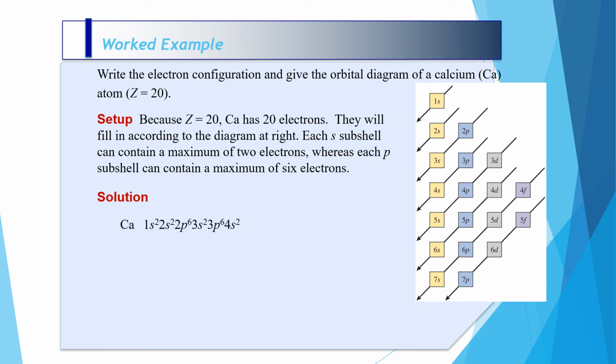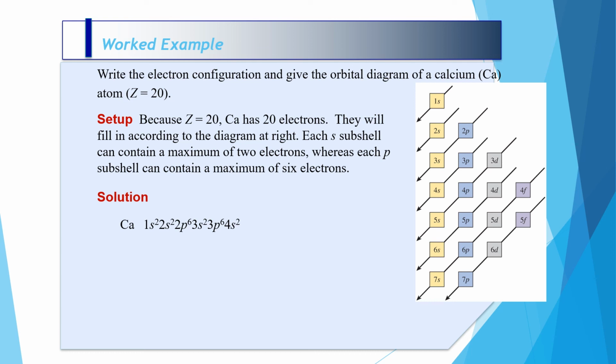For my Z equals 20, I have first filled 1s2. Then I have filled 2s2. Then 2p has the maximum capacity of 6 electrons, right? That's what I have filled with 6 electrons over here. Until here, how many electrons are over? 10 electrons are over. Next, coming to 3s2, then we go to 3p6, then 4s2.